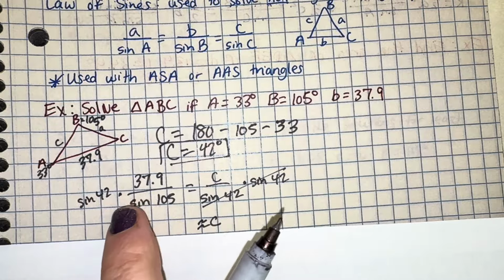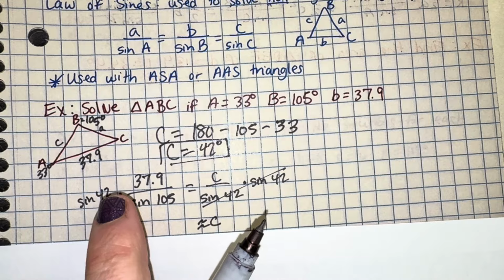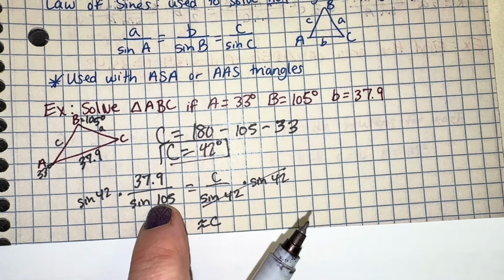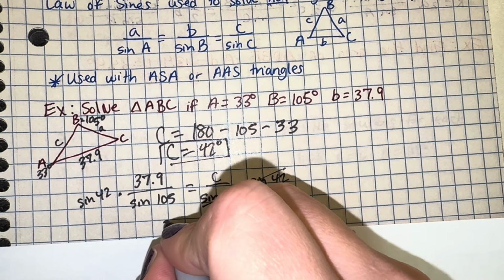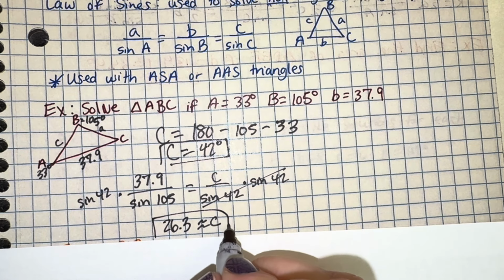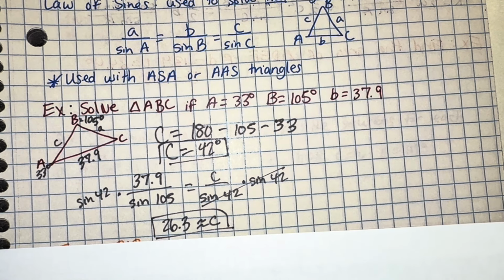So you're going to put in your calculator sine of 42 times 37.9 divided by sine of 105, and that gets you 26.3 for the approximation for side C. Okay, which is making sense.